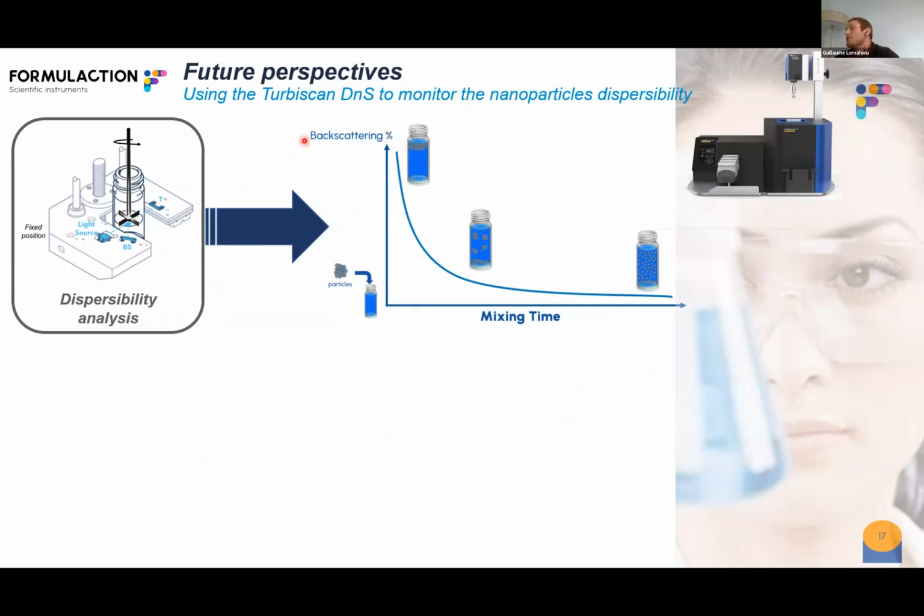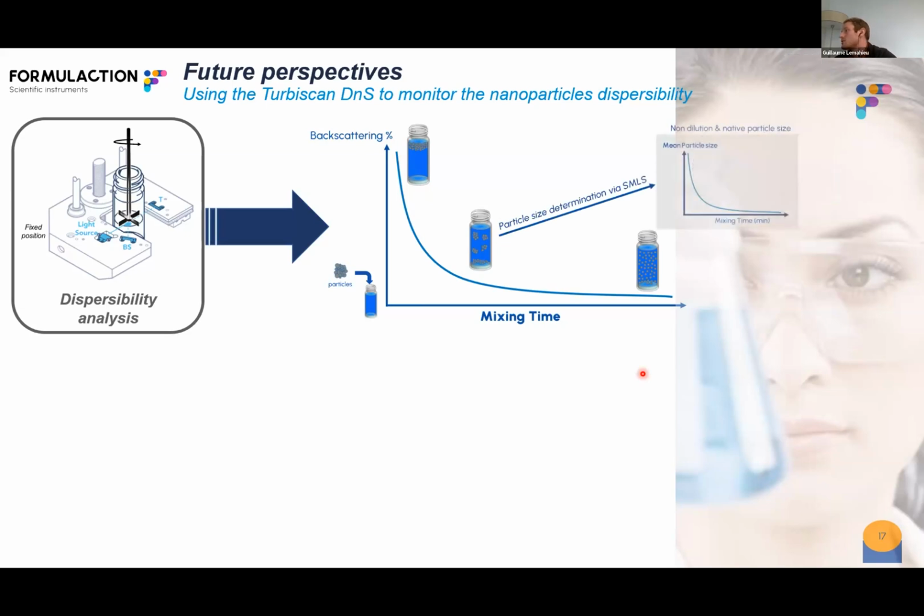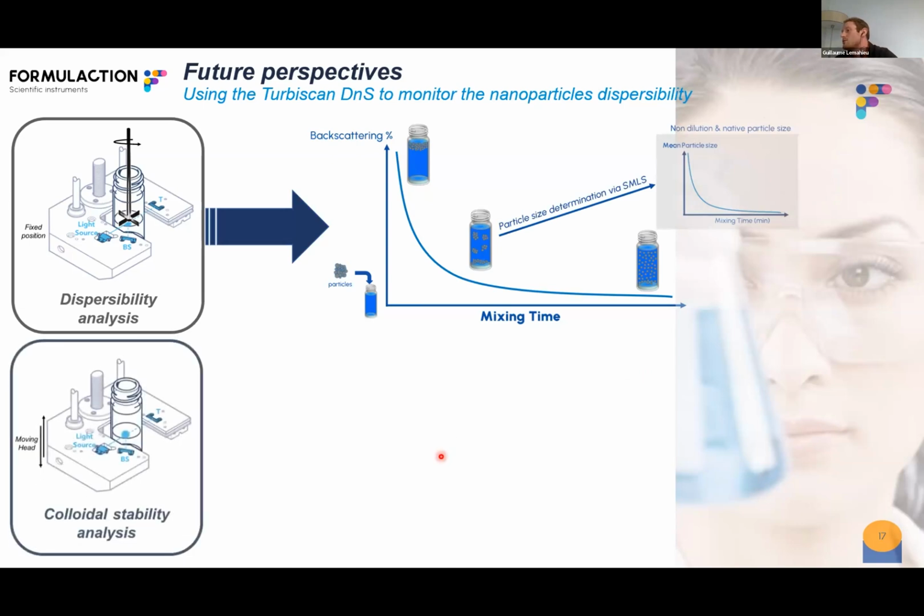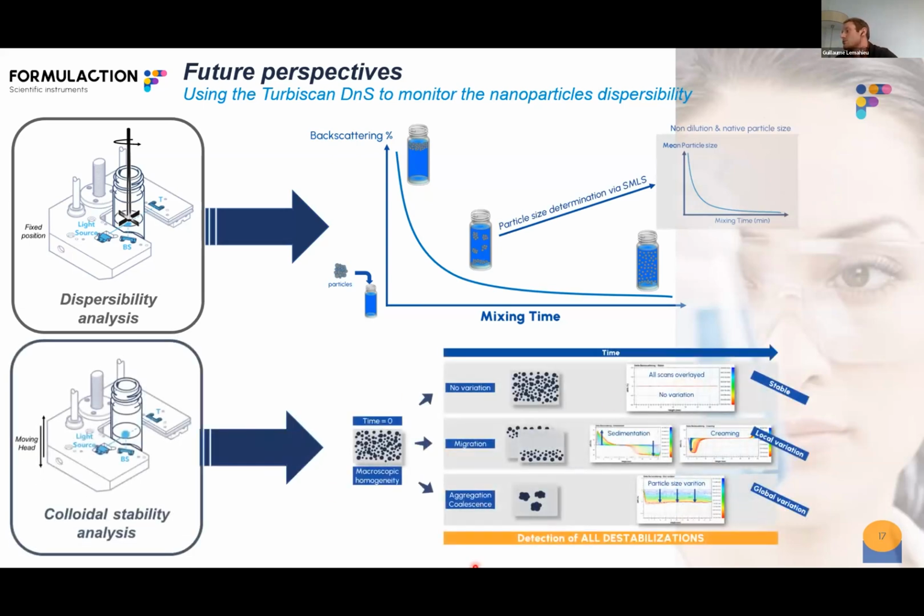can register with such devices the evolution of transmission and backscattering as a function of the mixing time, and convert it directly to a variation of mean size as a function of time. So I think it's quite interesting for creating the samples at the beginning and controlling that the sample is well dispersed. And you can always do the stability analysis afterwards also.